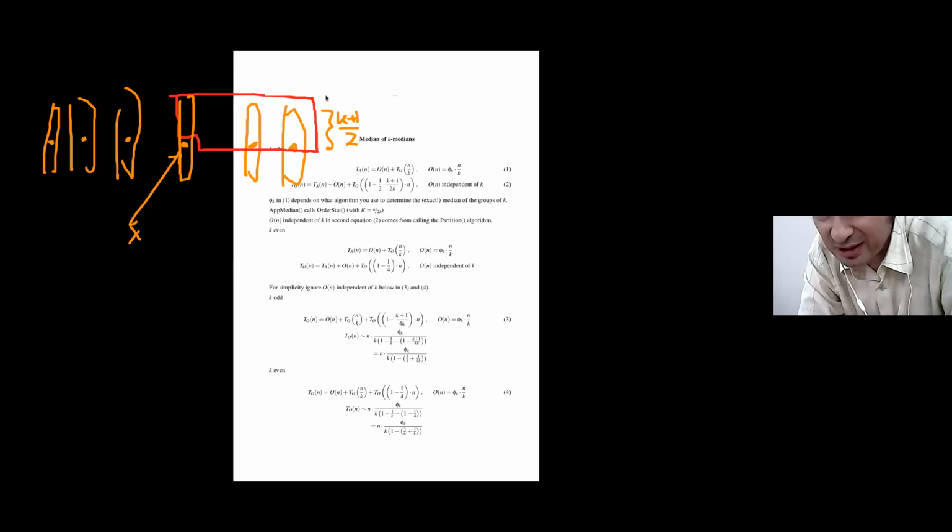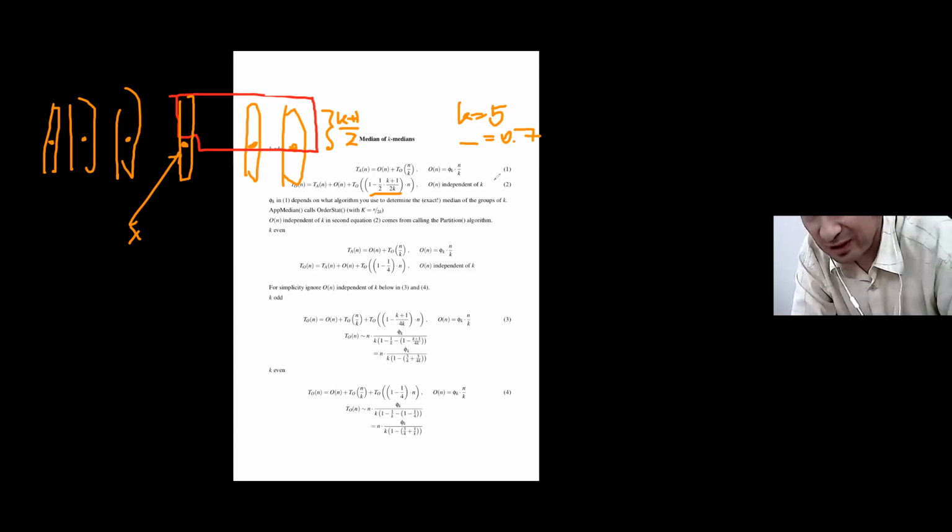When k is equal to 5, this number is equal to 0.7. So this is what happens when you have odd groups. And now what happens when you have even groups?